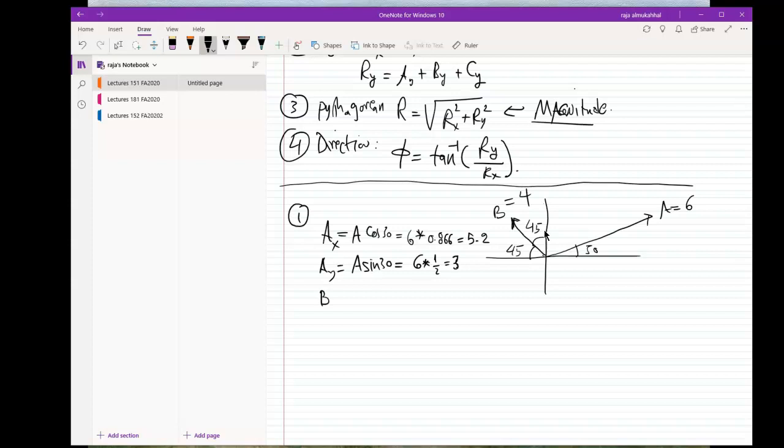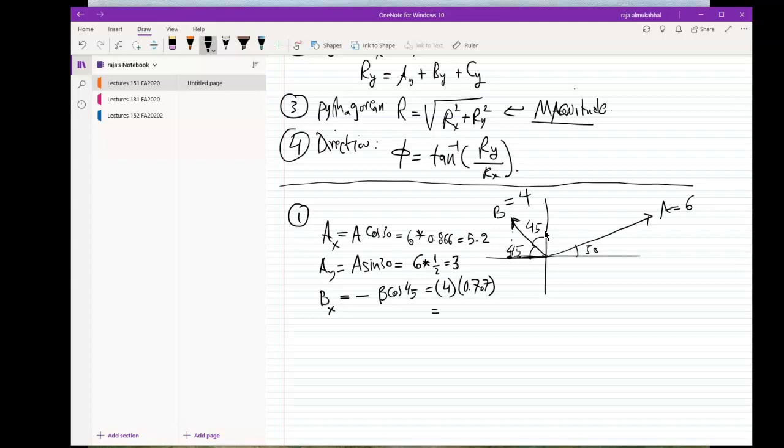And then b sub x, now watch out, b sub x is right here, guys, see that? So that's the negative part of the x-axis. You want to be really careful. You got to put that minus sign in there. So that's going to be b cosine 45. Cosine 45 is 0.707. So that's 4 times 0.707.